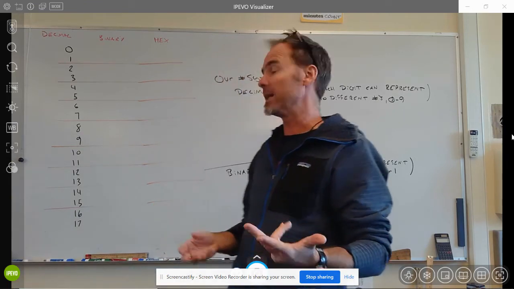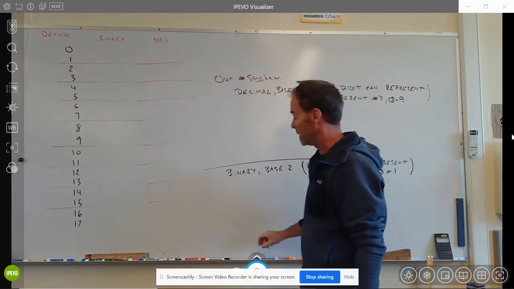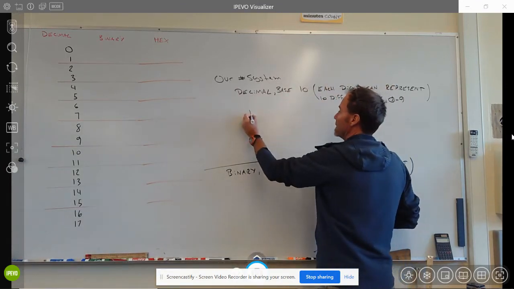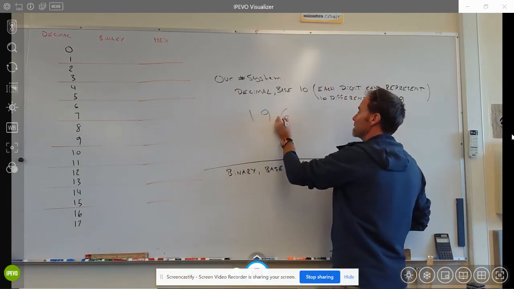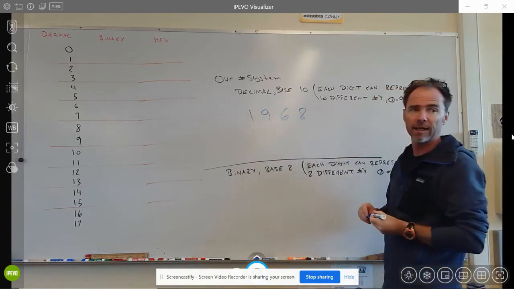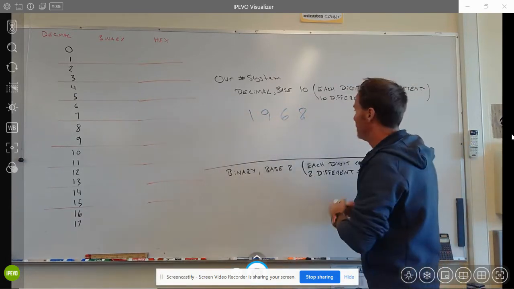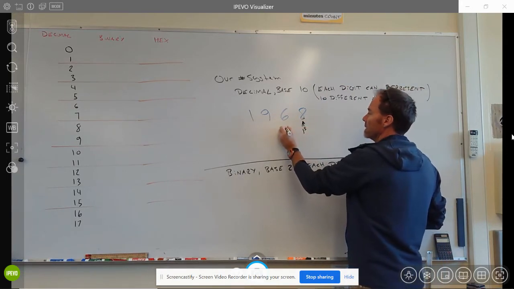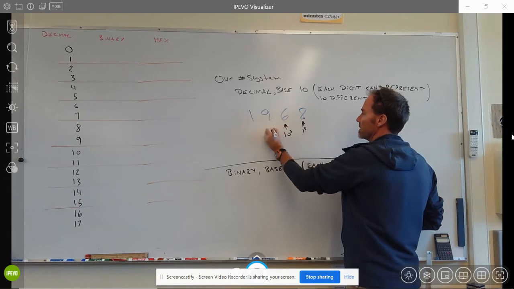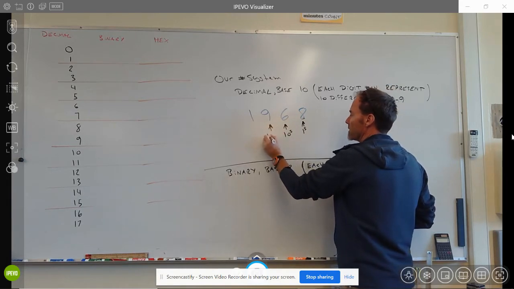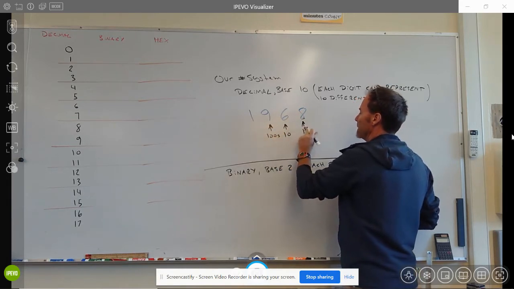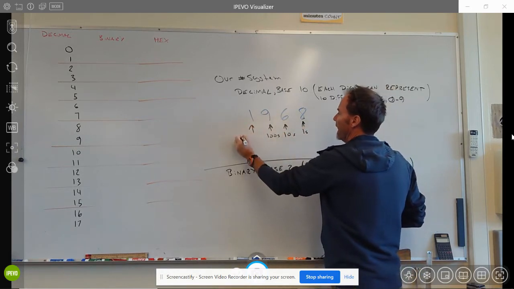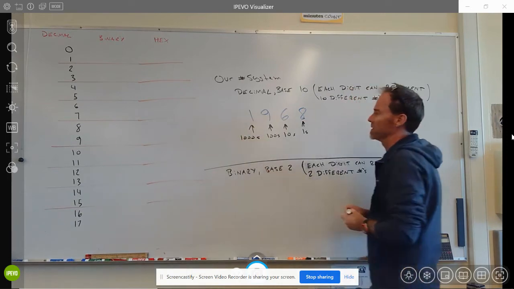What we probably never thought about is, for example, I was born in 1968. So if I look at it, these are the ones, these are the tens, these are the hundreds, and these are the thousands.